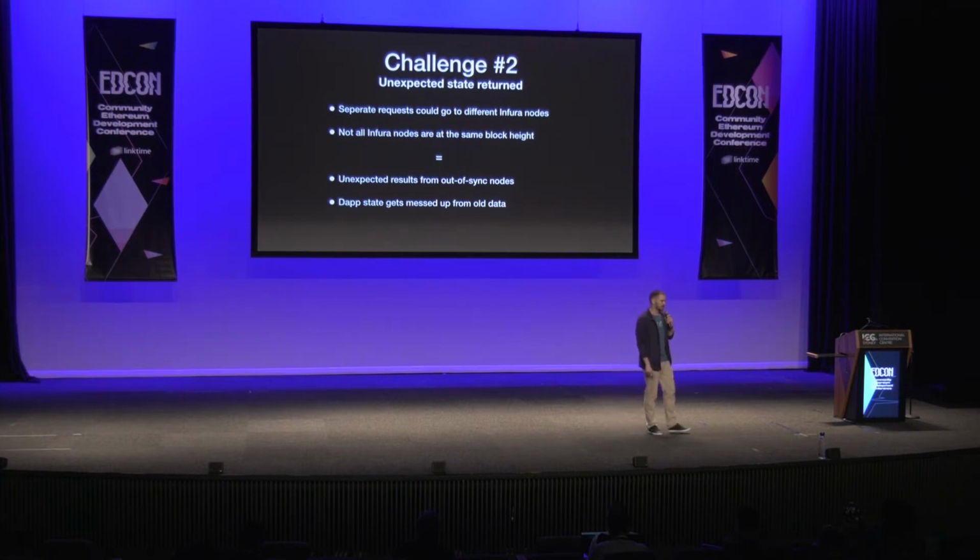Imagine a scenario in the CDP portal where a user is creating a CDP. It shows the animation, we poll for variables, we find that the CDP has been created, and we show the congratulations screen. Then one of the other variable requests hits a node that is 1 block behind, from when that CDP hadn't been created yet. So we get a variable back that messes up the state of our dApp. We needed a way to solve for that.